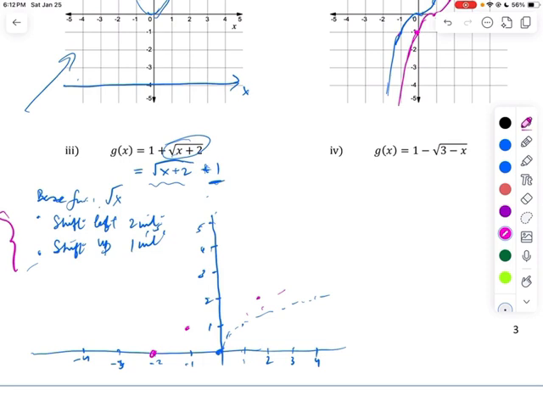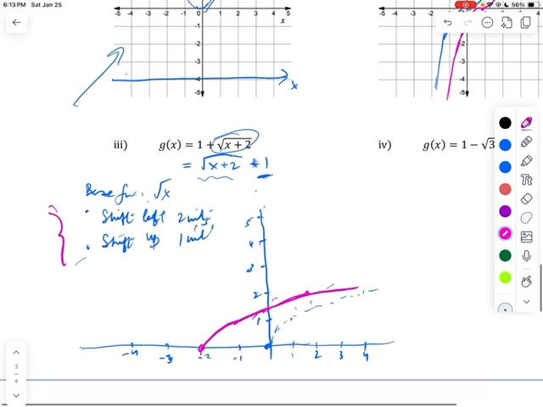And then you can graph your final answer, or you can do it in between, like I'm doing here. So you can say this one is square root of x plus 2, but that is not what we want. We want to raise it now 1 unit up.